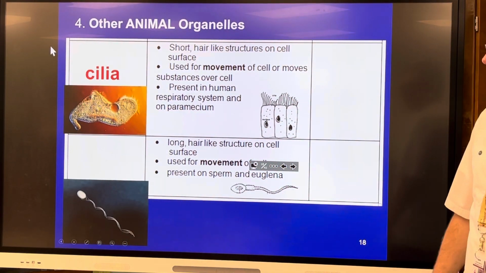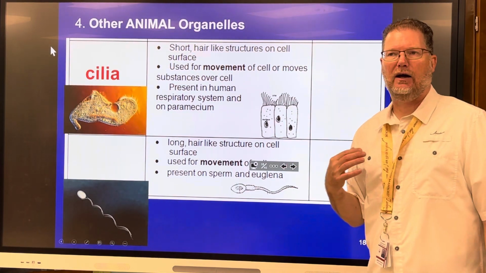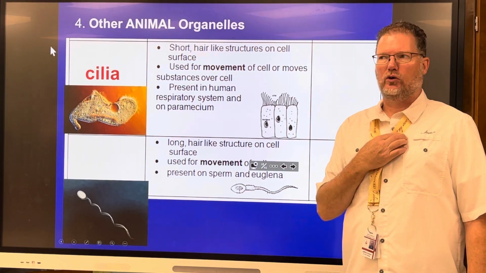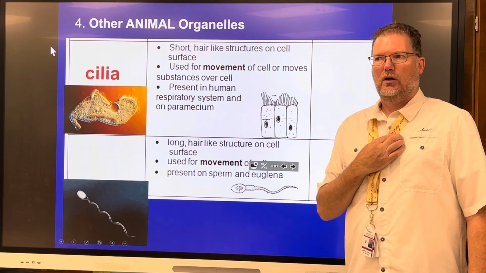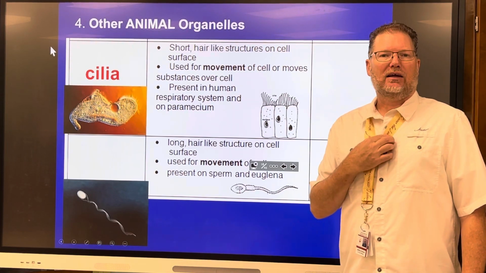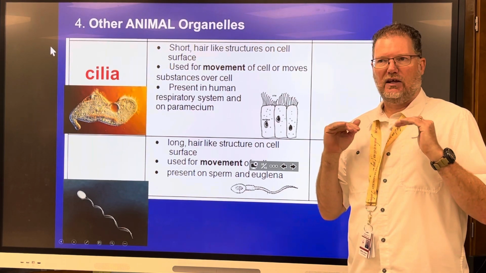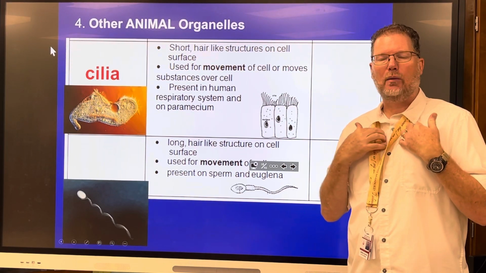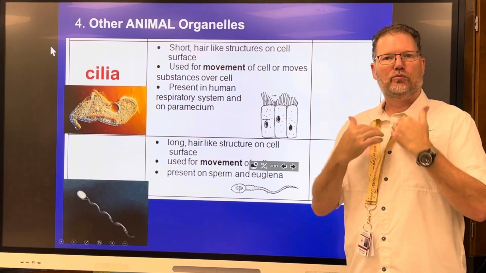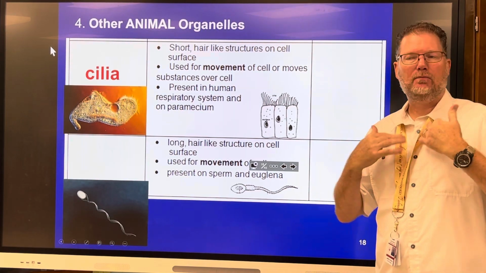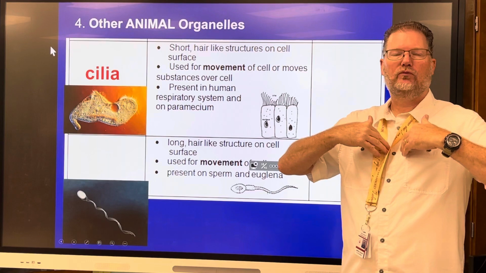Okay, movement. They're also present in the cells lining your bronchial tract, your lungs. They beat like this, and they move mucus that captures particles that you breathe in. That's how your lungs get that out.